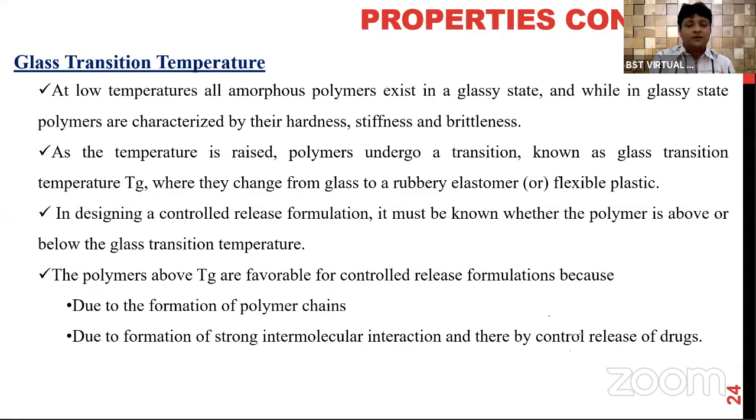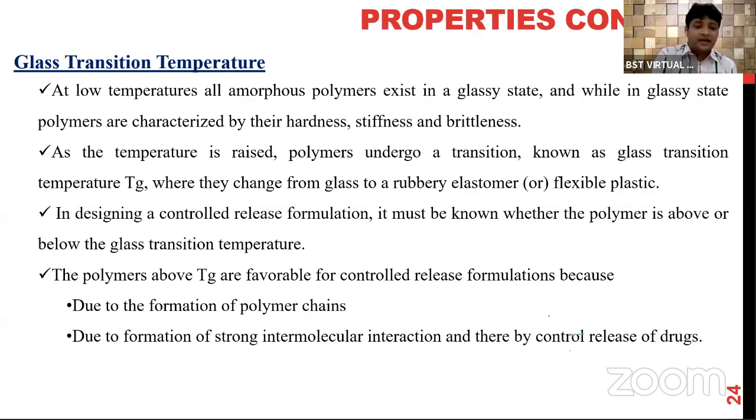Suppose I have selected polymer A, and its glass transition temperature is 60 degrees centigrade. I have to see, during the preparation of the dosage form, whether the temperature I am maintaining is more or less than 60 degrees centigrade.